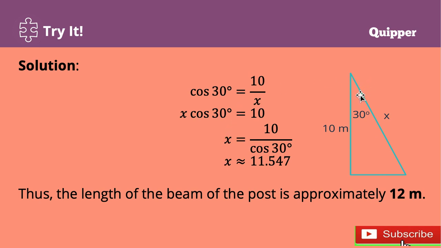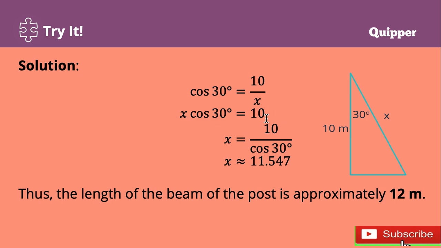Our angle theta is equal to 30 degrees. So we have here cosine 30 degrees is equal to the adjacent side, 10 meters, over the hypotenuse x. So 10 over x. We multiply both sides by x. Now we have x cosine 30 degrees is equal to 10.